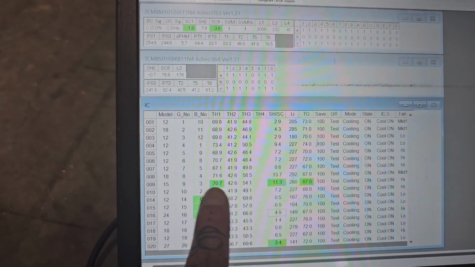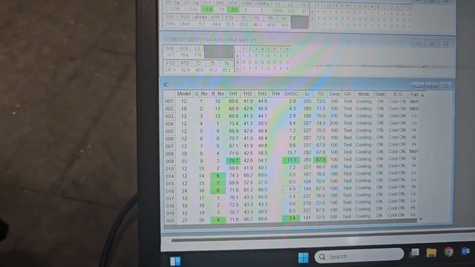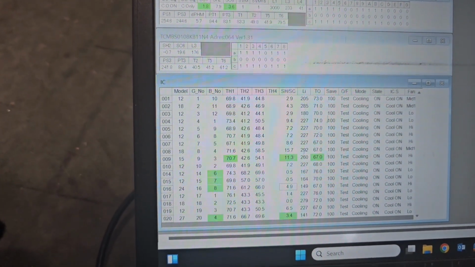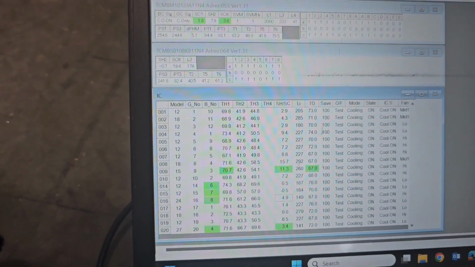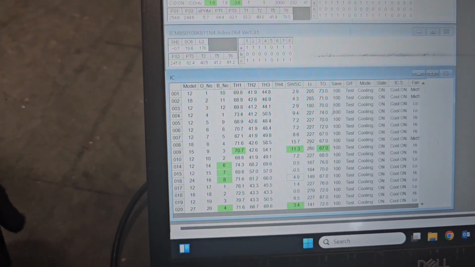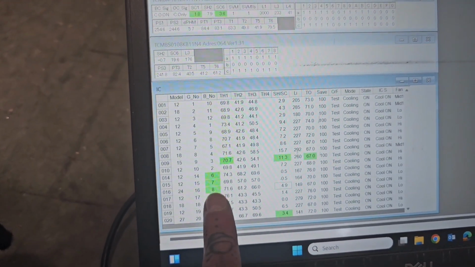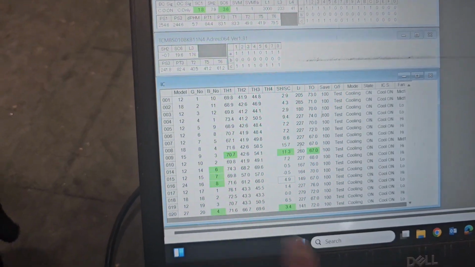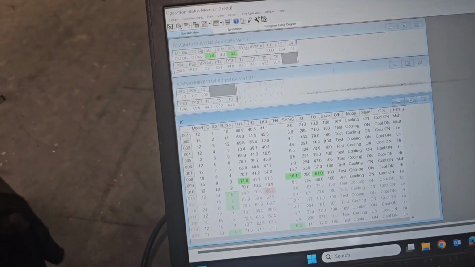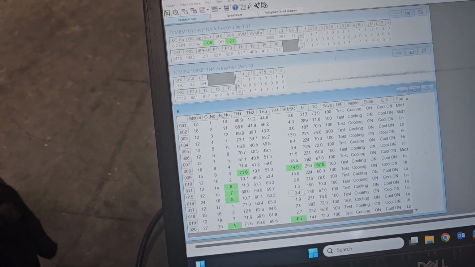Okay, this is our unit in question, unit 9. That has come down about 1 degree when it was sitting at 72 degrees basically the entire time. Okay, so from this point on I have these 3 ports closed and this one, because I had noticed that those ones were the only ones out of spec too.